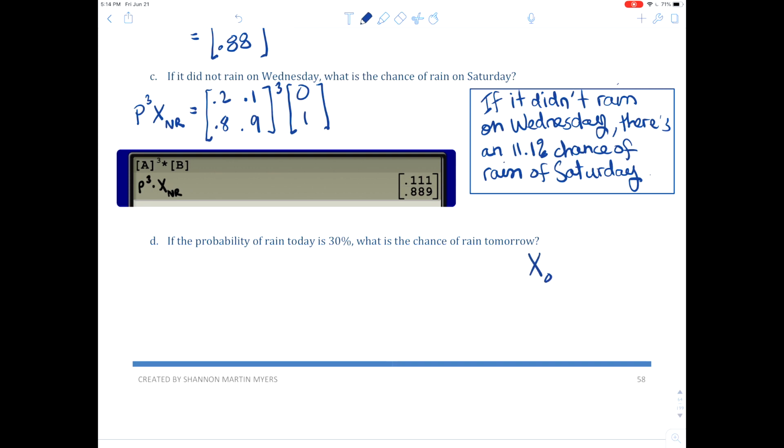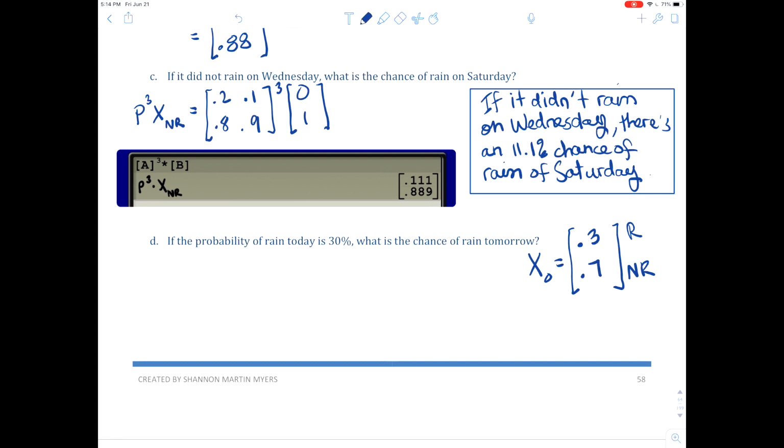We'll call this X0, okay? So for this one, remember you're doing rain, no rain. We can do rain, no rain because it won't matter. We changed our probabilities. And so we'll have, this says it's 30% chance, right? So 0.3. So that would make this one 0.7.